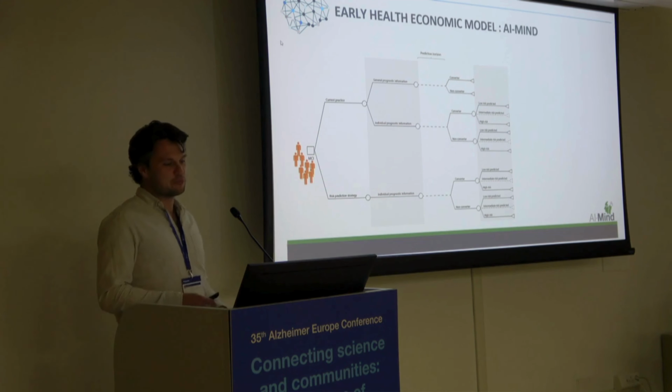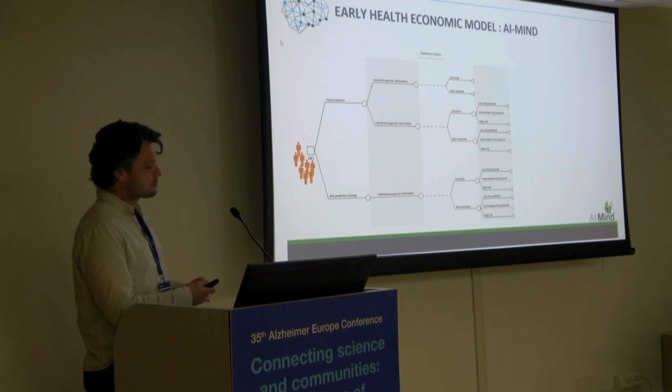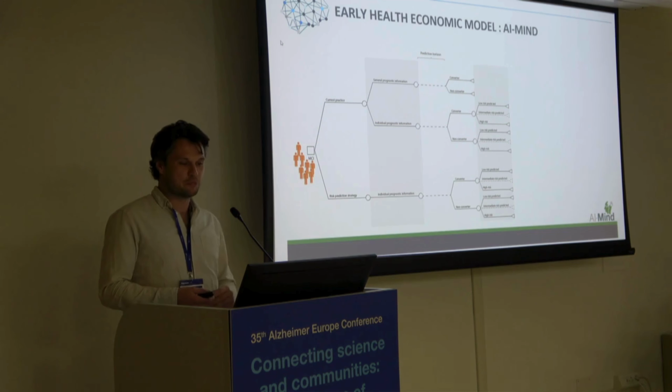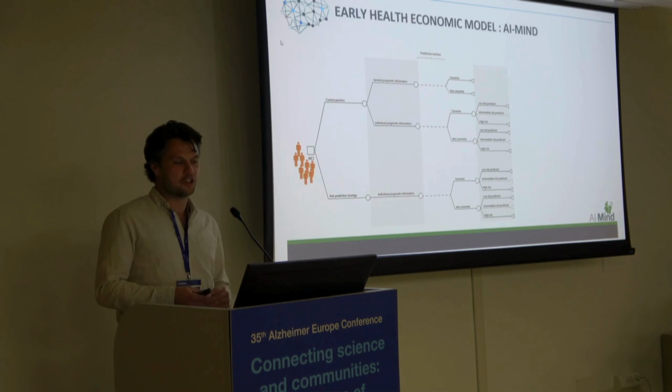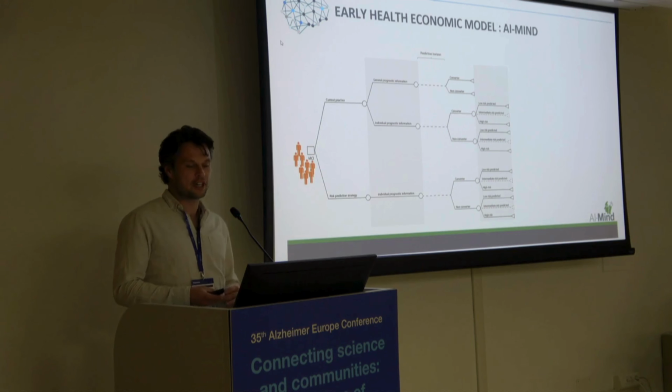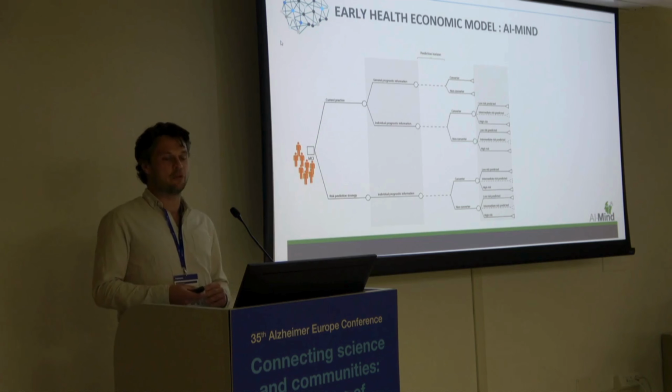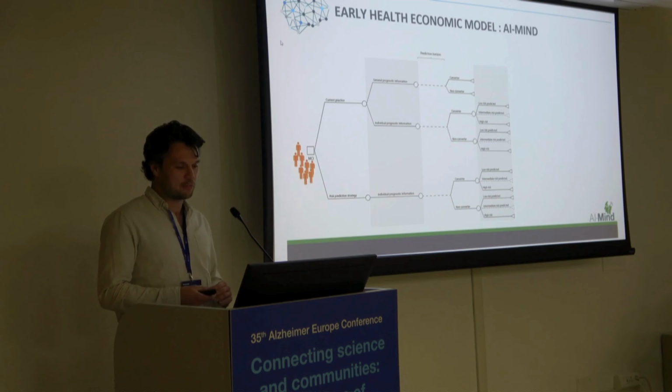I will not go into much detail here, but how we do it is by using simulation models. So we simulate a current practice, how patients would flow through current practice, and how that would change when we include a new strategy like AI Mind.